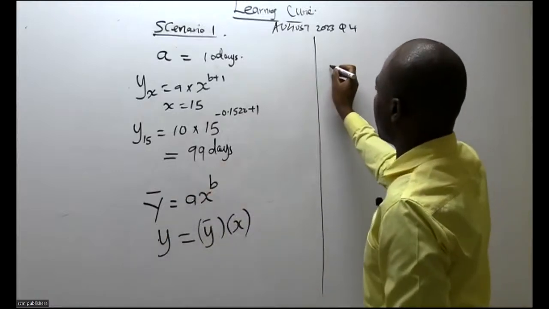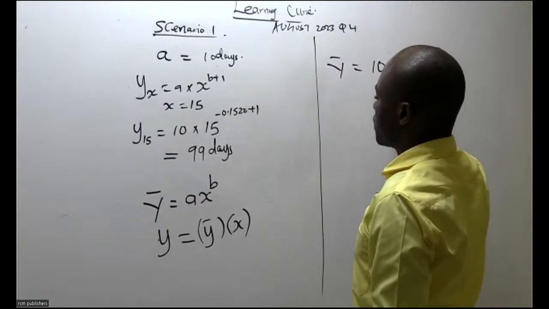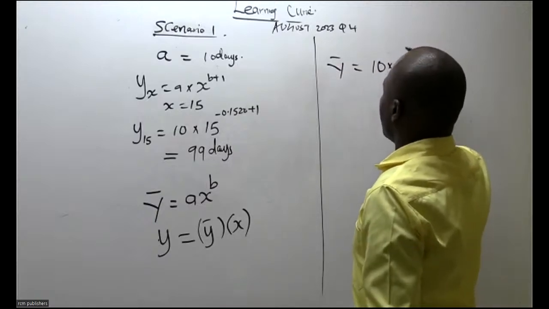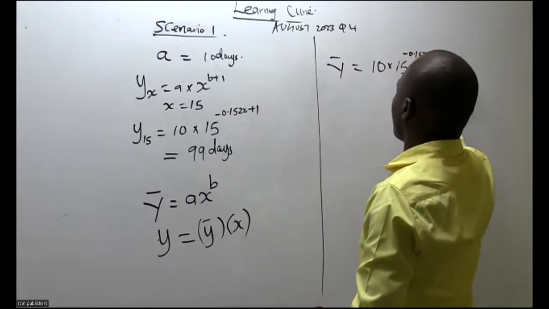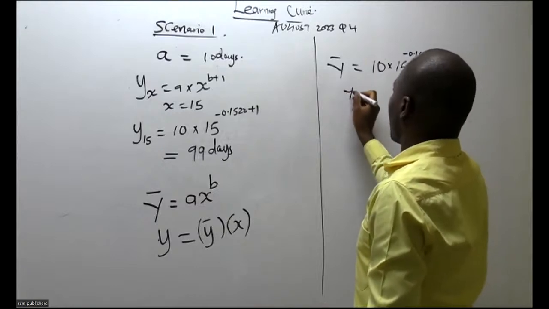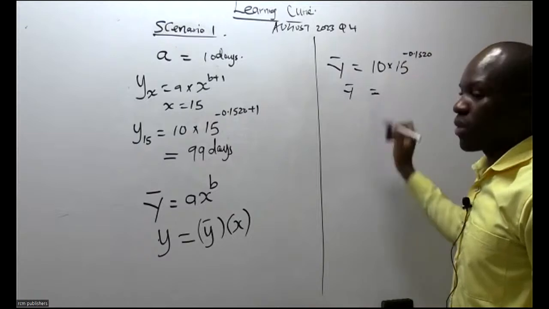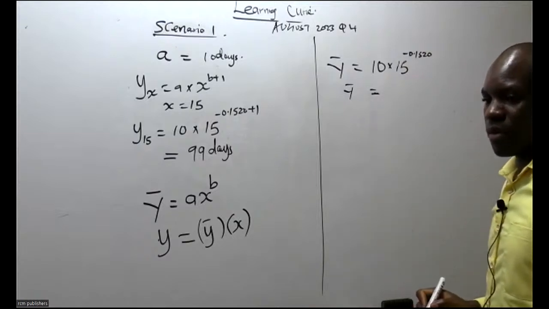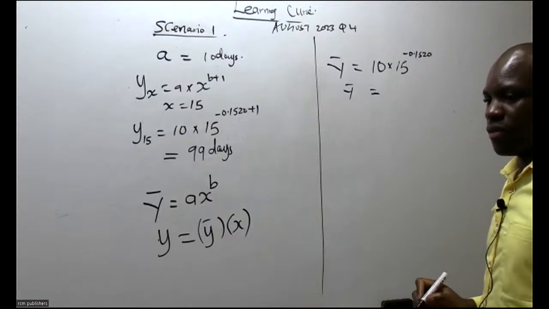Let's get the average first. The average will be A, which is 10, times X, which is 15, raised to the power negative 0.152. How much do you get for that average?